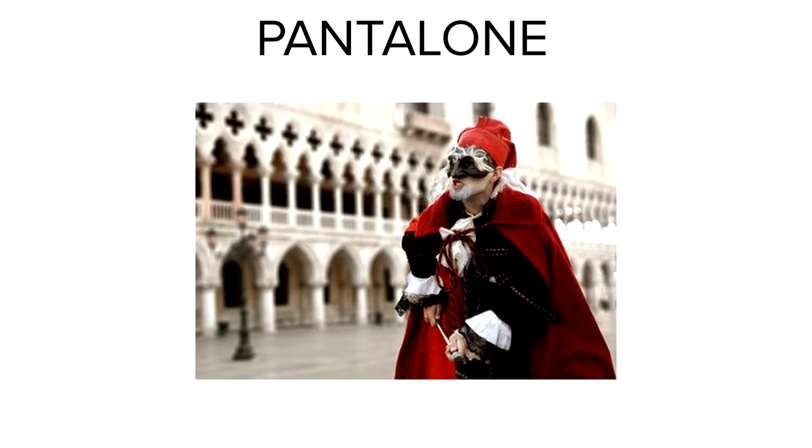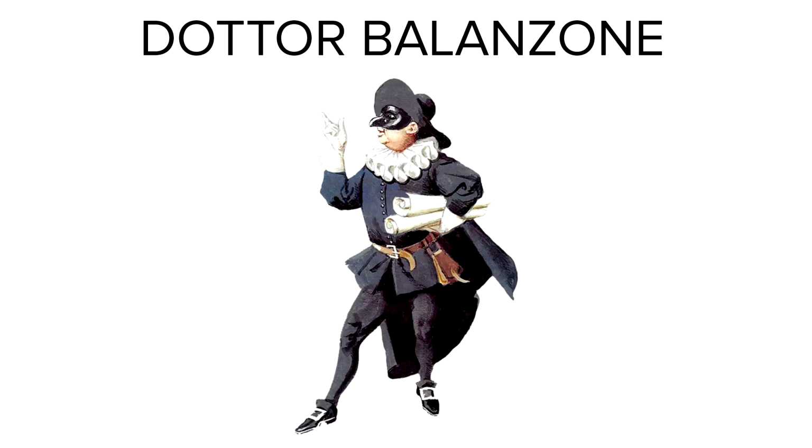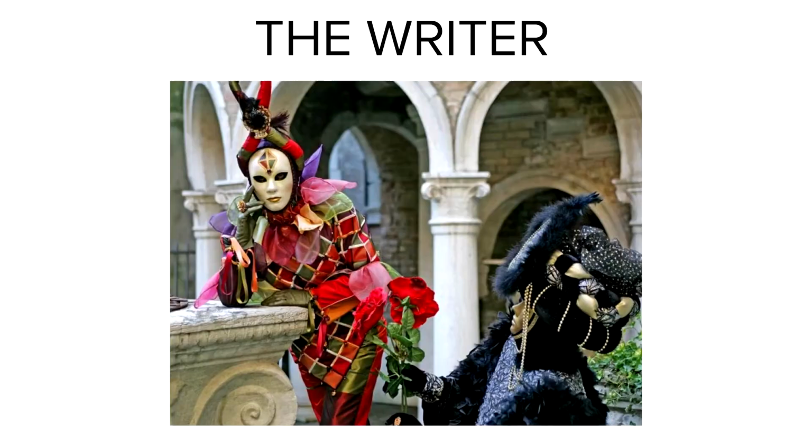He's a merchant. Polichinella is a philosopher, and he's a witty and crafty character, but also full of common sense. The Dottor Balanzone pretends to know everything through science. His main characteristics are arrogance and ignorance.